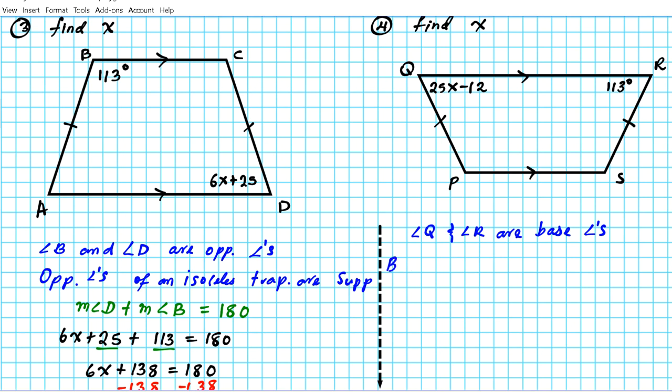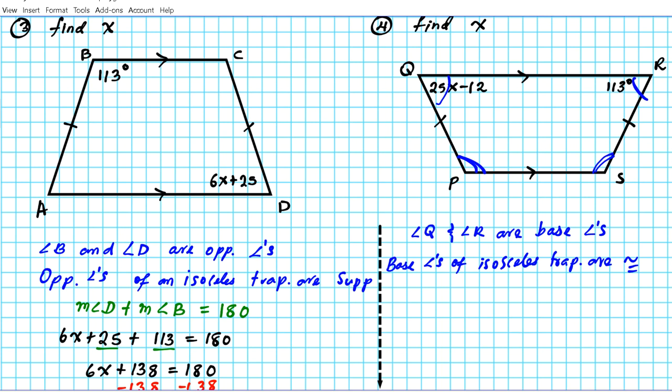Alrighty, so base angles of isosceles trapezoids are congruent. Okay, so these two are base angles, and these two right here, they're base angles.